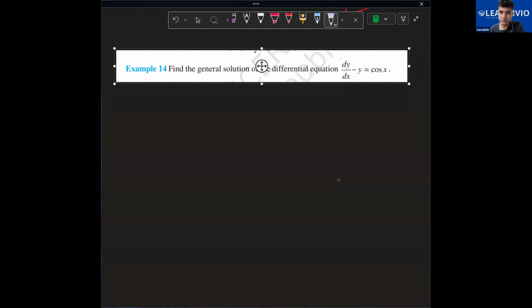Zero. How is this zero? Because it is a general solution, so you got zero arbitrary constants. Tell me, how much?